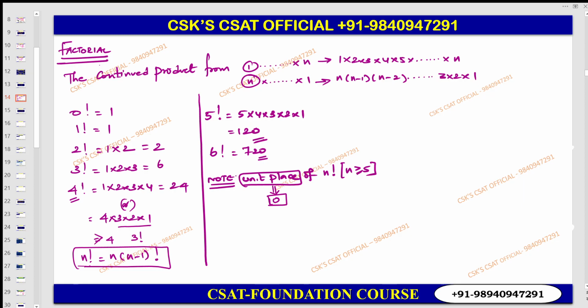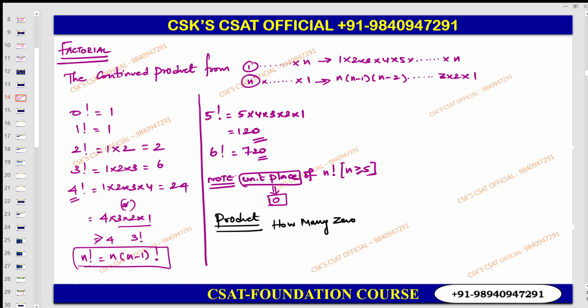Now one thing you need to understand here, if it is a product, how many zeros are there in the factorial?